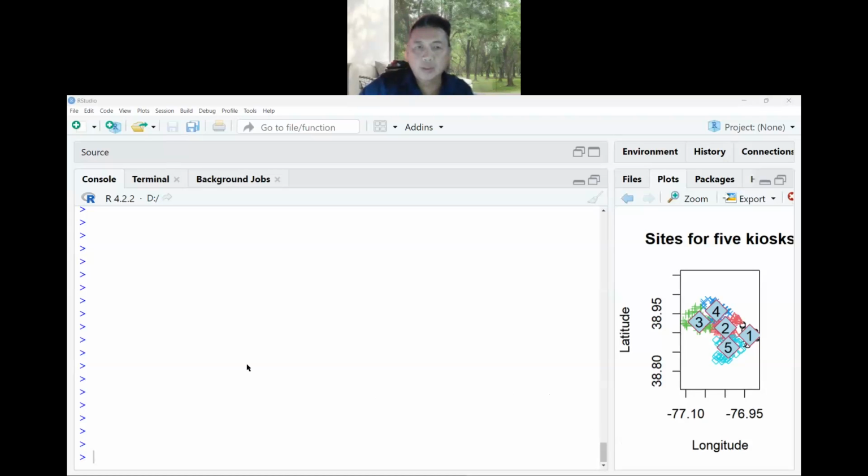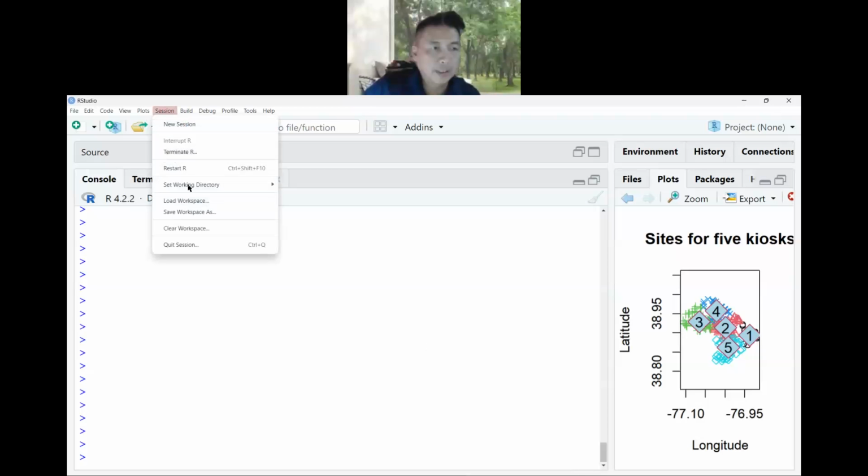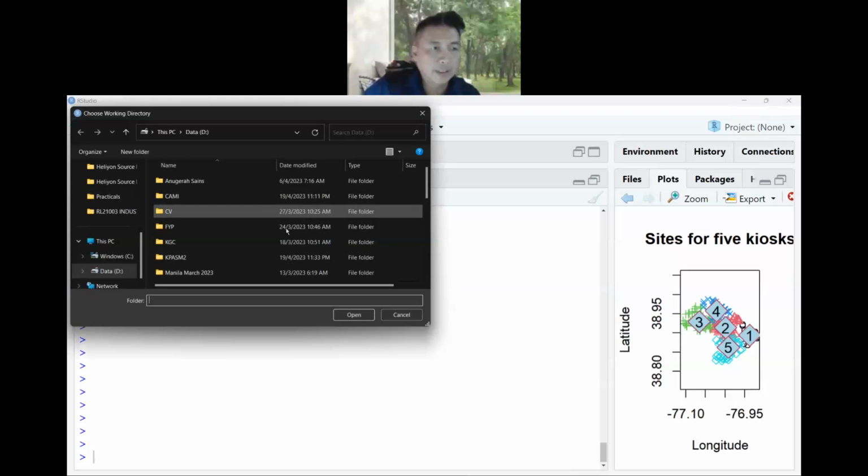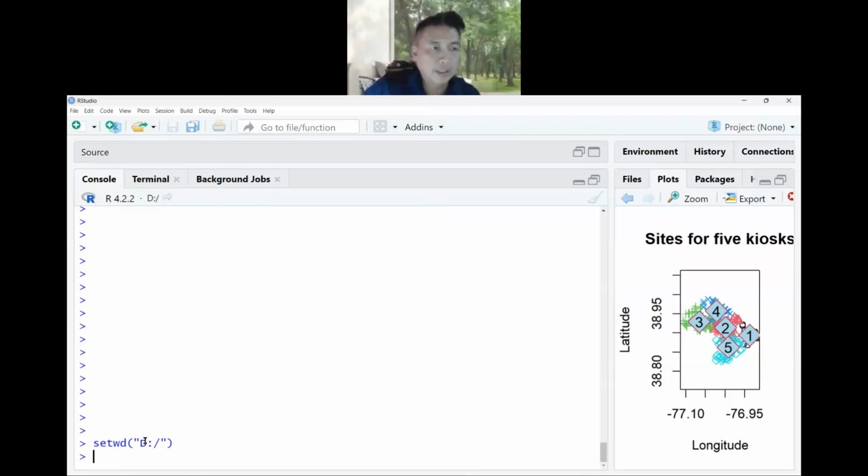So the first thing that we need to do is upload the file, but make sure you are in the right directory. How do you ensure that? I go to Session, then Set Working Directory. I put my data in the D drive, so here I will set my working directory to be the D drive.